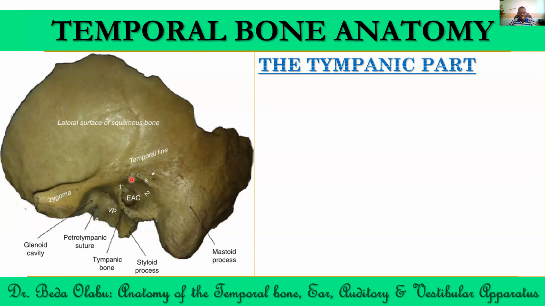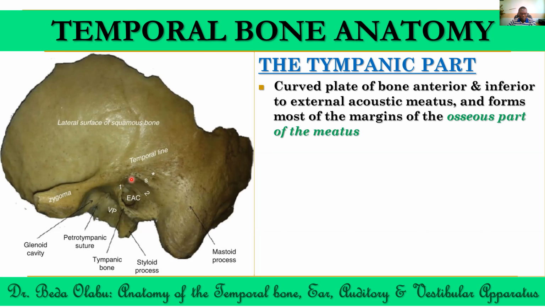Let's look at the third entity of the temporal bone, that's the tympanic part. The tympanic part of the temporal bone is actually a curved bone, highly irregular, but curved. It lies both anterior as well as inferior to the external auditory meatus. As you can see, this is the external auditory meatus, this is posterior, this is anterior.